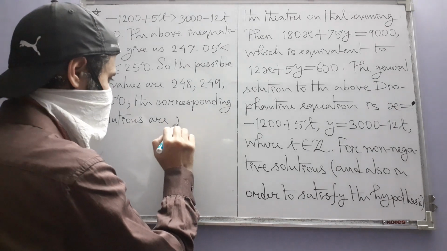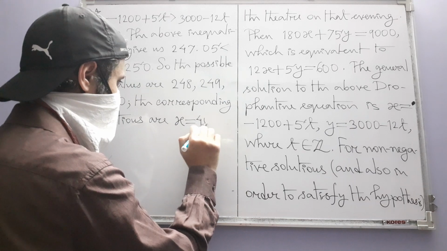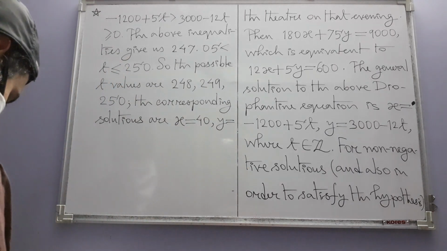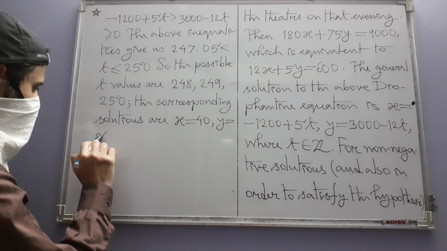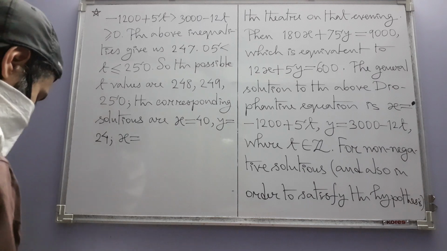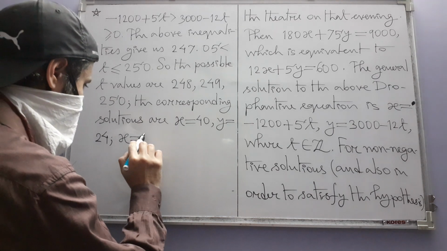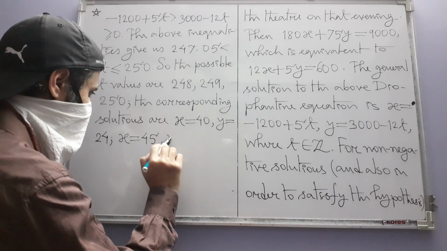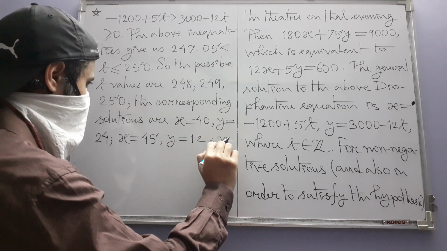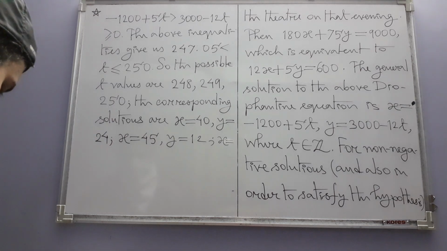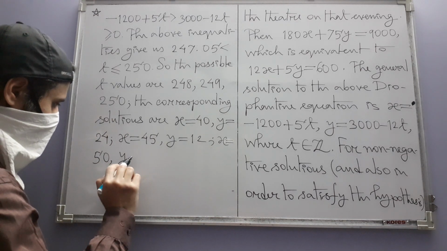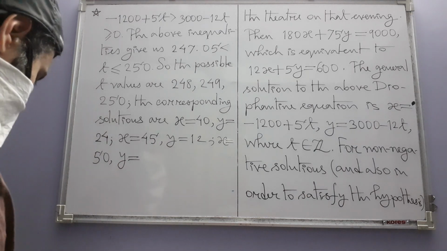For t equal to 248, x equal to 40 and y is equal to 24. Then when t is 249, x is 45 and y is 12. And finally, when t is 250, then x is 50 and y is 0.